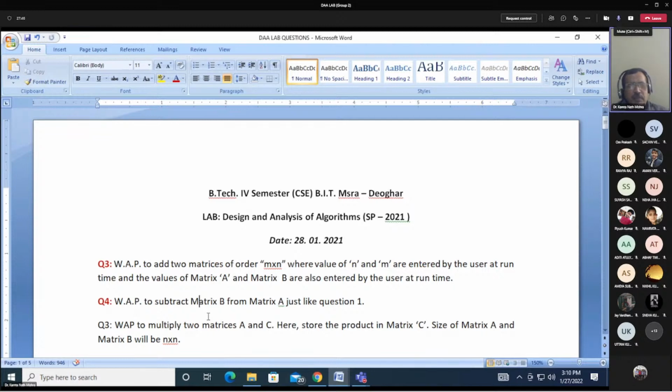First of all, you will take two matrices, matrix A of size m cross n, matrix B also of size m cross n, and then you will subtract matrix B from matrix A, and the result you will store in matrix C. So here also you have two options. Either you can use arrays or you can use pointers. Pointers means malloc, or you can use new. And you should do this question.